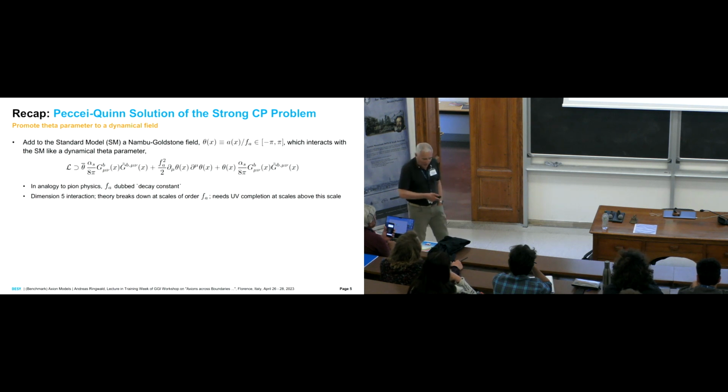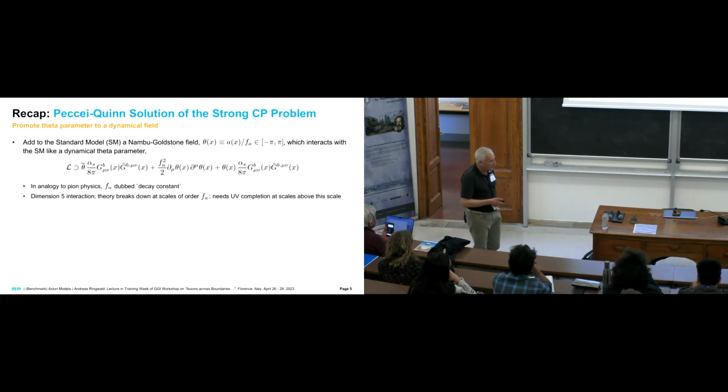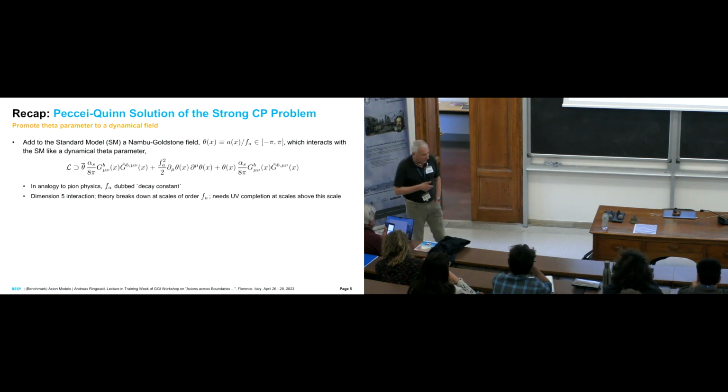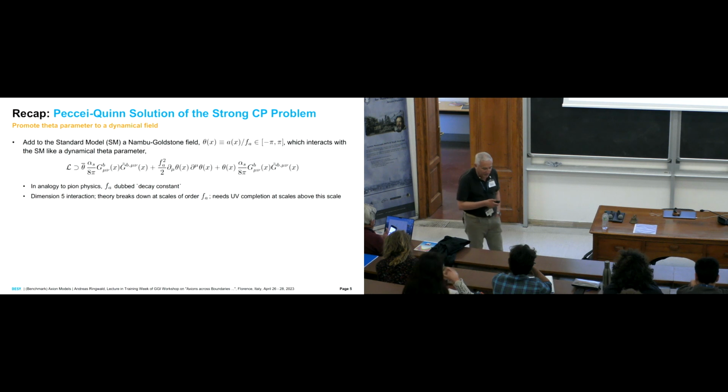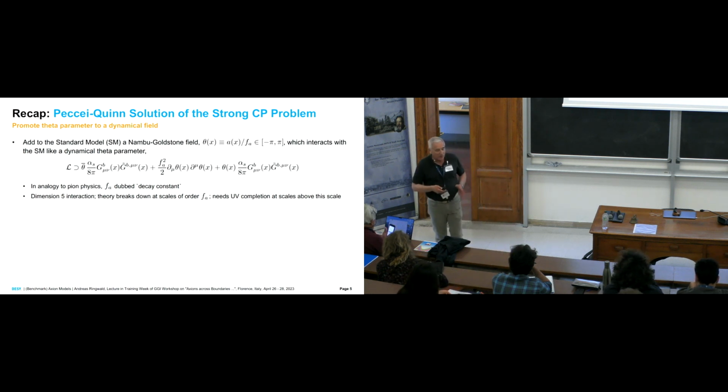My lecture is about possible UV completions, and I concentrate on field theoretical UV completions. There can also be stringy UV completions, but this is not the subject of my lecture.